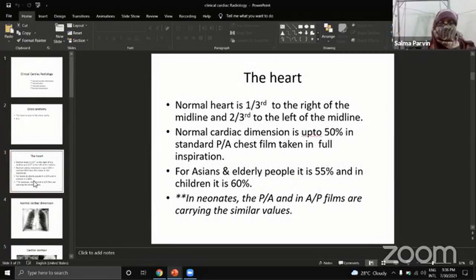In a standard chest X-ray, one third of the heart is to the right of the midline and two thirds to the left of the midline. So the main cardiac mass is to the left.